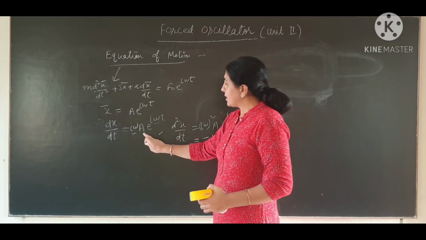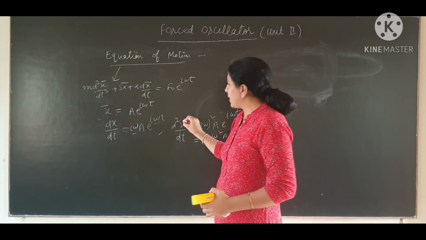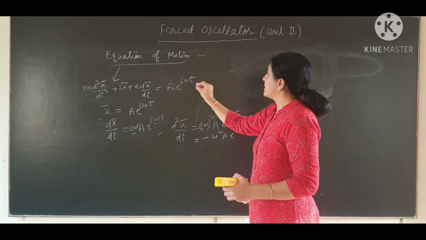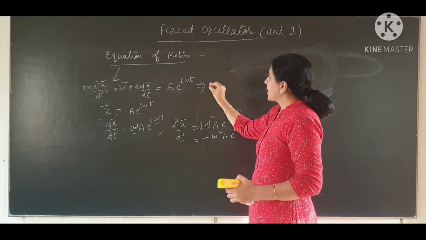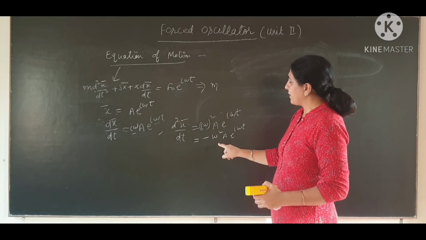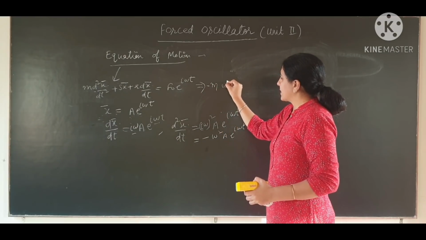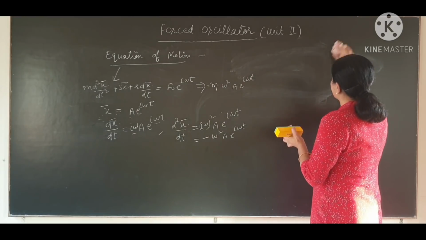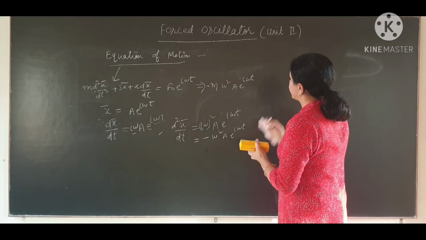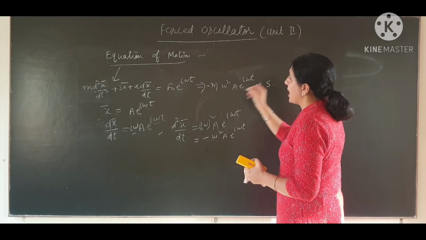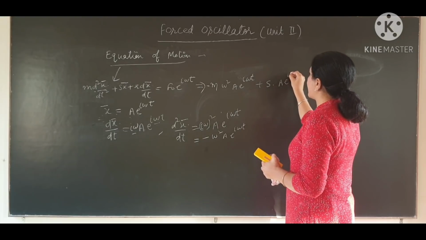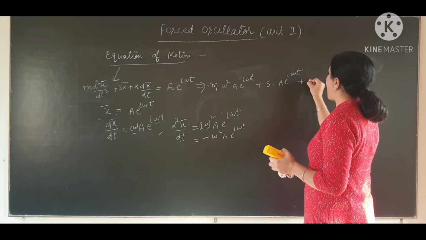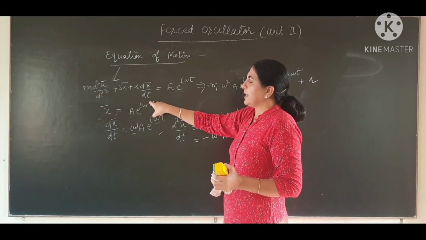Now put the values of the first and second derivatives into the equation. So m times the second derivative, which is minus omega squared a e raised to the power iota omega t, plus S times x, where x is a e raised to the power iota omega t, plus R dx by dt.